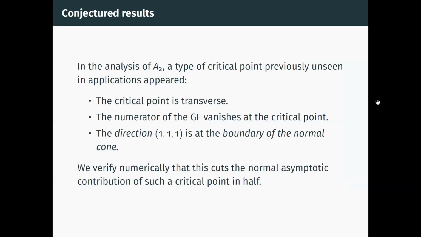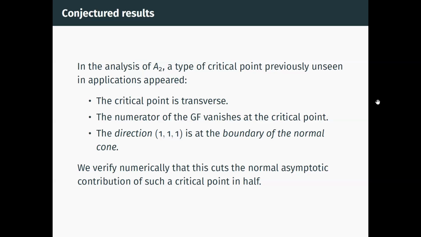But the weird thing about this analysis is that there is a critical point that is transverse, but also the numerator of the generating function vanishes at that critical point. And also at the same time, the direction (1, 1, 1) is at the boundary of the normal cone, which does not quite meet the conditions of the existing theorems.